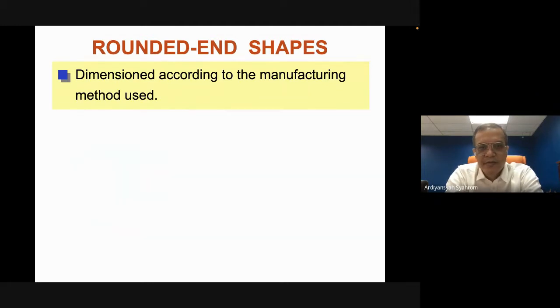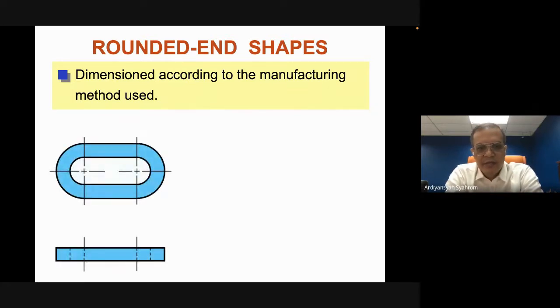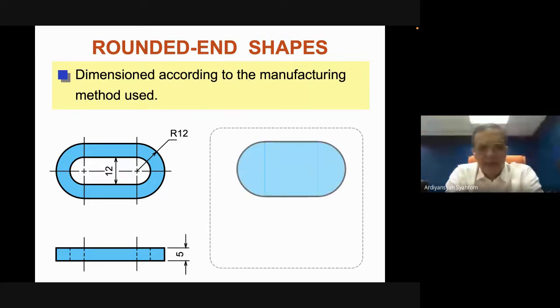21. Round end shape: dimension according to the manufacture method used. The same like this. Then you give how much the radius, and that one is the same as the radius. Then we move.